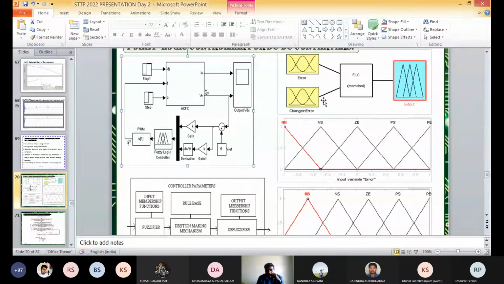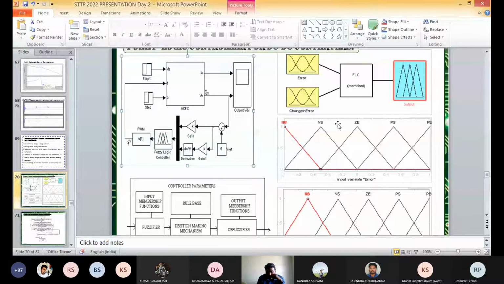That means for this converter there are two inputs, the error signal and the changing error signal, and third one is the output membership. That means for these three we need to write the memberships. For the error signal we need to form the membership, for the changing error also, and for the output also we need to form the membership.